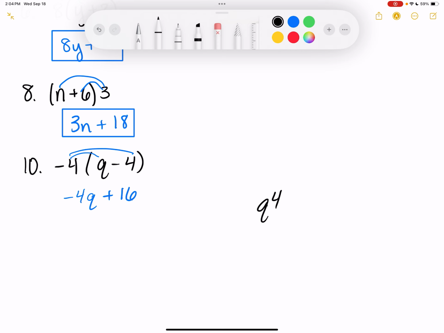Write it as 4q when you multiply it. Because if you write it the other way, you can get confused when there's a negative, like q minus 4 when you really mean negative 4 times q. So that's why we put the variables after.